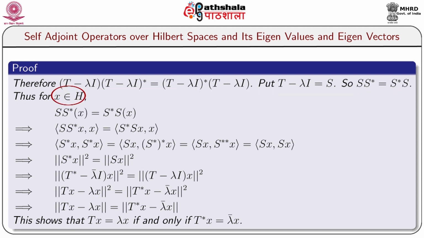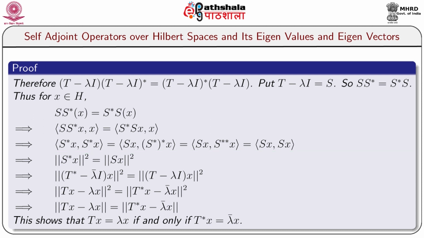Thus, for x belonging to H, S star S x equals S S star x, which implies that inner product S star S x comma x equals inner product S S star x comma x, which implies that inner product S star x comma S star x equals inner product Sx comma S star star x, which equals inner product Sx comma Sx.